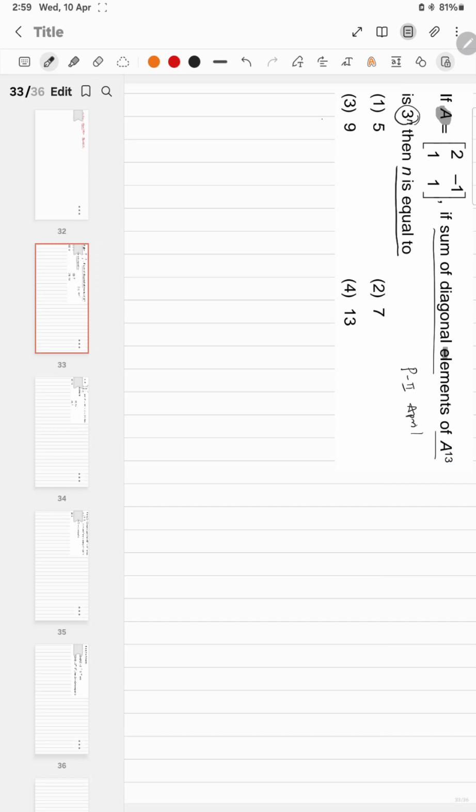The sum of the diagonal elements is nothing but the trace of A power 13. You can solve this question in two ways.